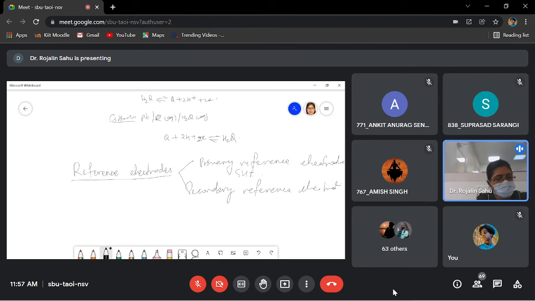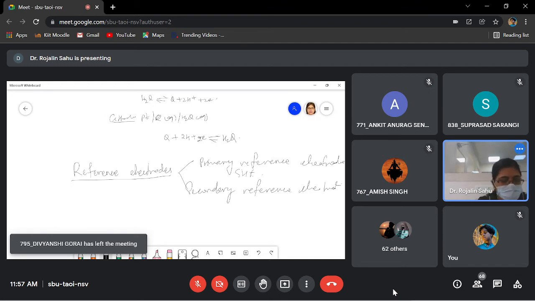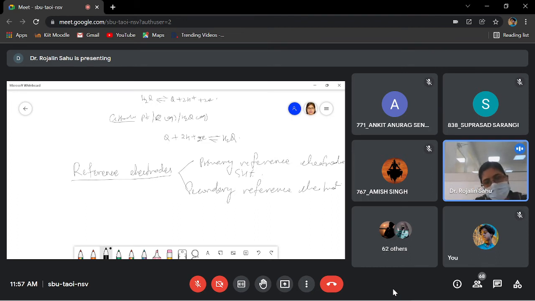The limitation with primary reference electrode is it is difficult in handling and readily poisoned by compounds like silver, arsenic, mercury, and sulfur. It is also difficult to maintain the uniform 1 atmospheric pressure and the concentration of 1 molar. So that's why secondary reference electrodes are good as compared to the primary reference electrode. And secondary reference electrodes we have already discussed, that is your calomel electrode, silver chloride electrode.